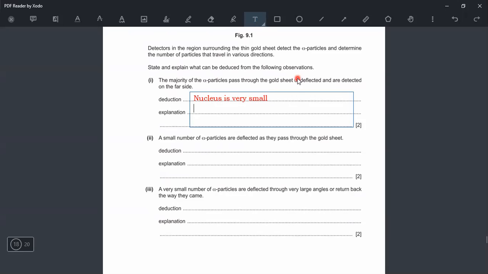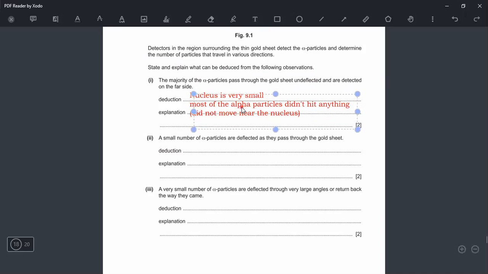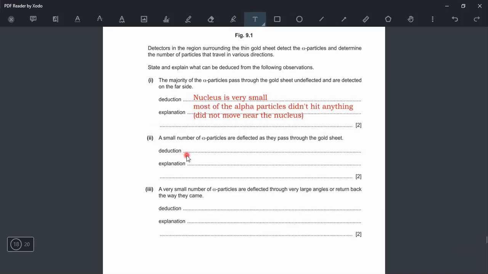Because most of the alpha particles didn't hit anything, or moved far away from the nucleus. That's why most of them went through undeflected, because they didn't hit anything.